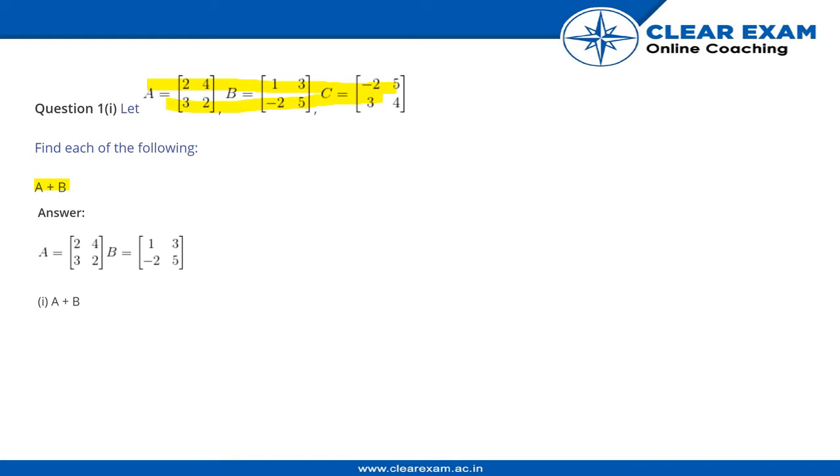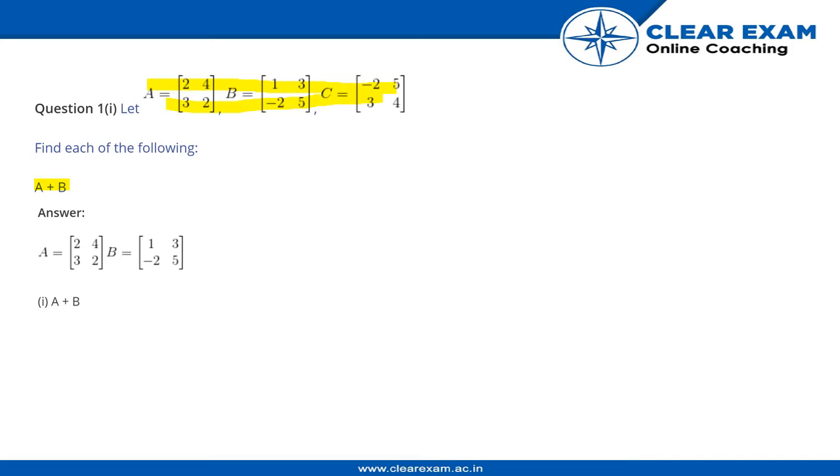I hope you already know that to implement such operations on matrices, like comparing two matrices to see whether they are equal, or whether the corresponding elements of the two matrices are equal, or adding or subtracting matrices, we only apply the property on the corresponding elements.